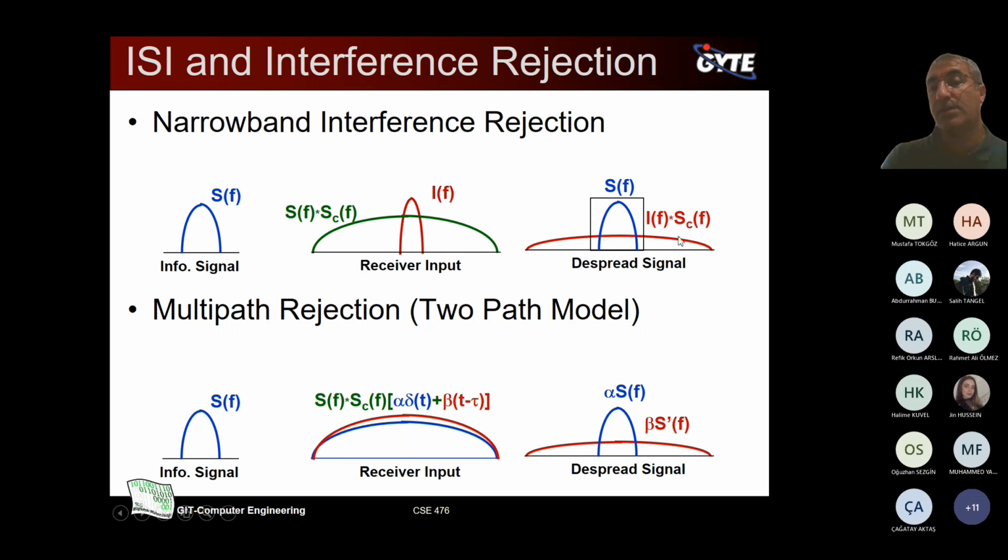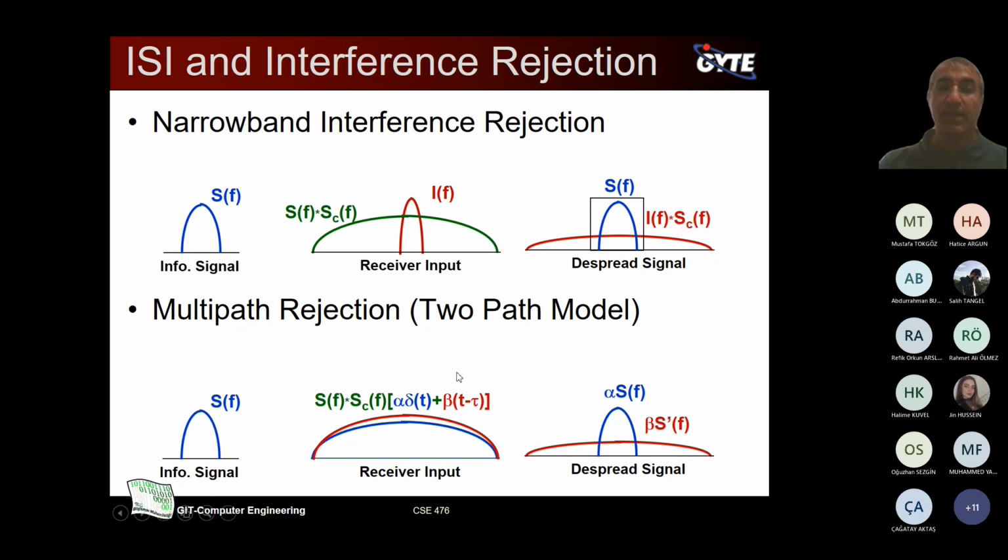It becomes like noise, but on the other hand, my original signal is sticking out, and the jamming signal is removed. So with one process, I'm sticking out my information signal and removing the interference signal.